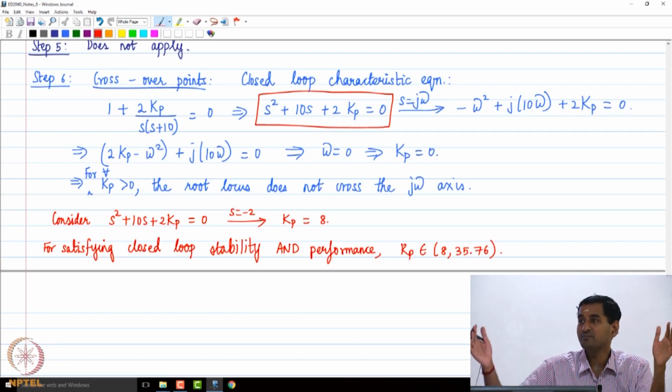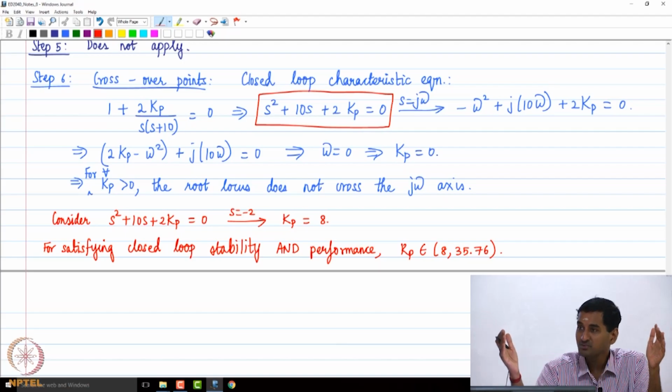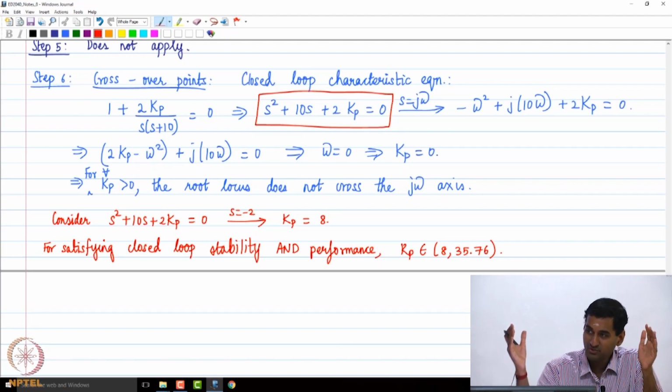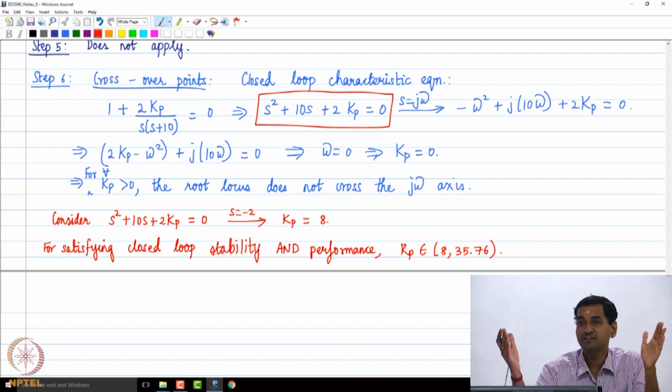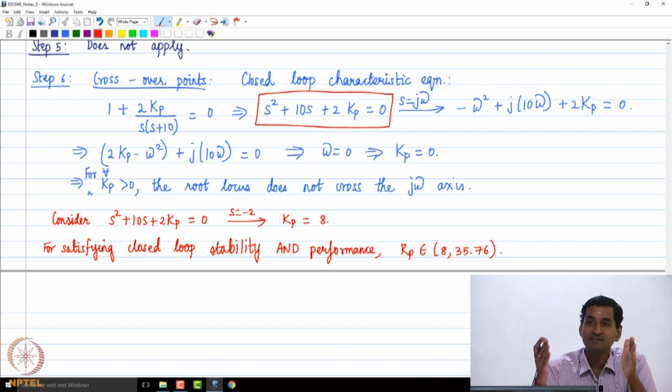So please note that what we have done is progressively reduced a huge region of proportional gain, minus infinity to plus infinity. First we reduced it to 0 to infinity. Then 0 to infinity has been reduced to 8 to 35.76.